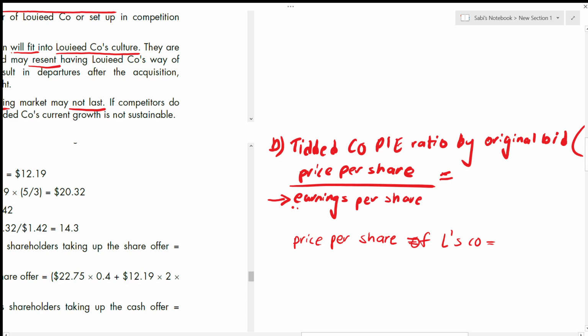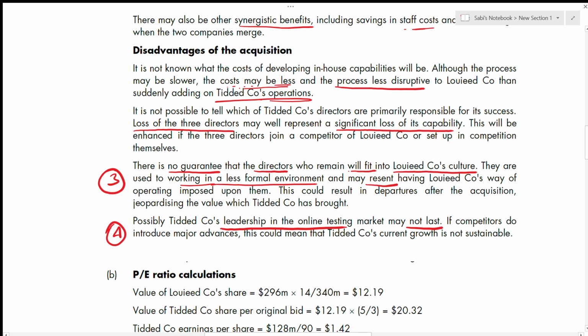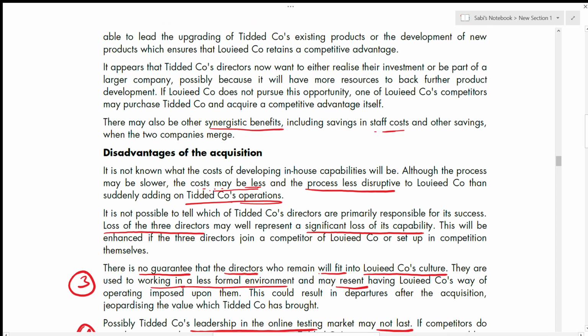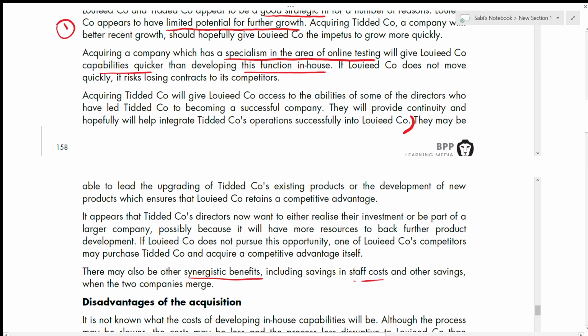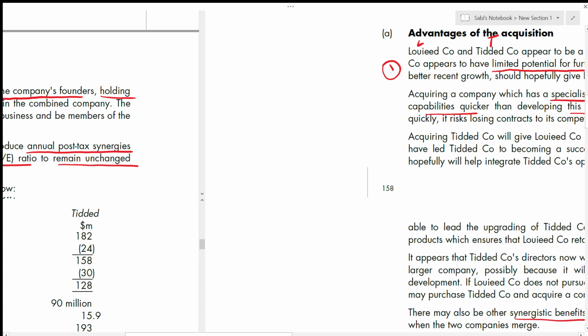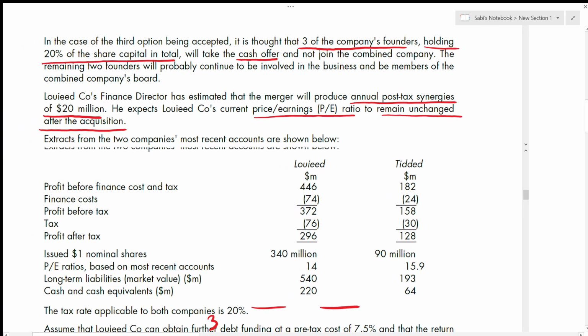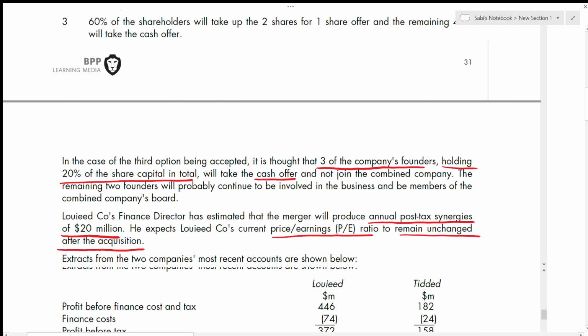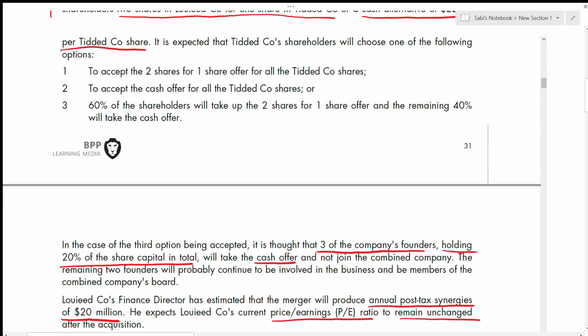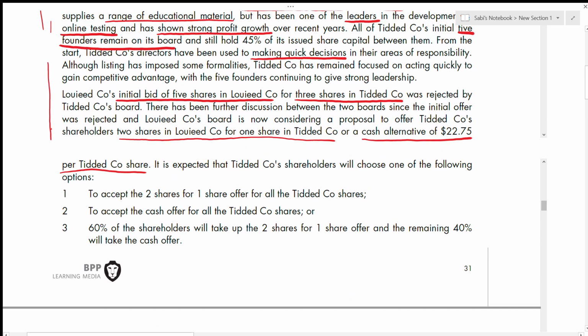Why? Why is that? Because of this ratio. 5 shares in L for 3 shares in T company.